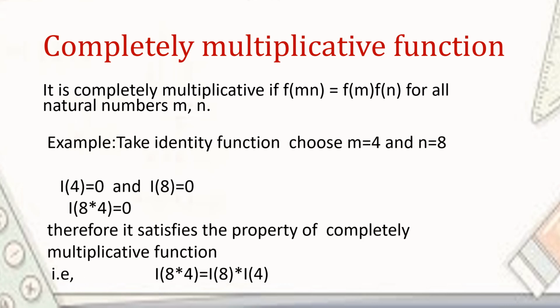Take the identity function, choose m is equal to 4 and n is equal to 8. The identity function of 4 is equal to 0. The identity function of 8 is equal to 0, which means the integer part of 1 by 4 is 0 and the integer part of 1 by 8 is also 0. Therefore, it satisfies the property of a completely multiplicative function, that is I of 8 into 4 is equal to I of 8 into I of 4.